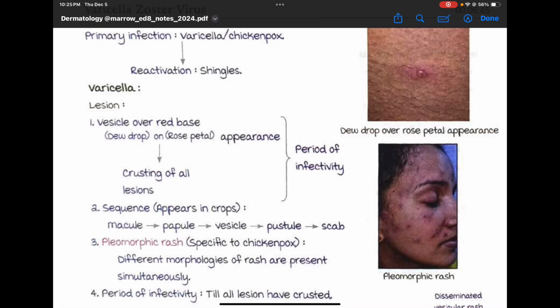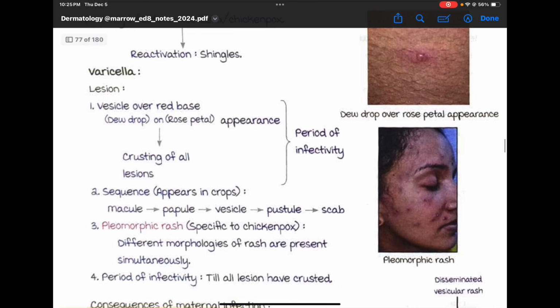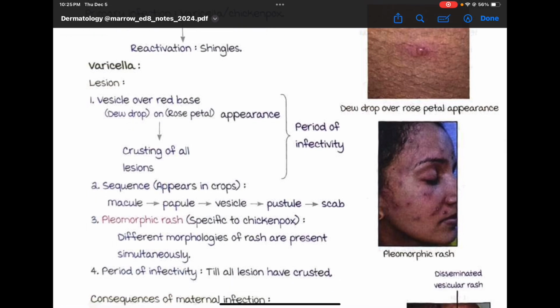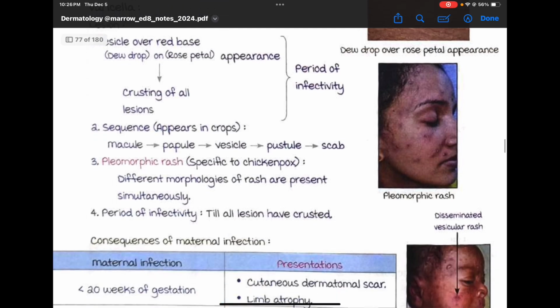So when they are at different stages, pleomorphic, then it's diagnostic that it's chickenpox. Vesicle over red base, dewdrop on rose petal appearance, crusting of all the lesions, period of infectivity. So we did advise all these patients in the outbreak that once all your lesions have crusted over, then you can come back to work.